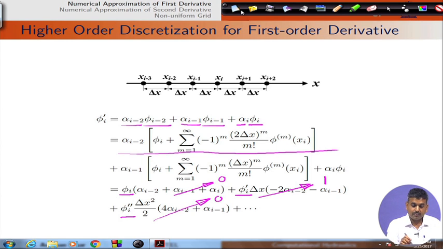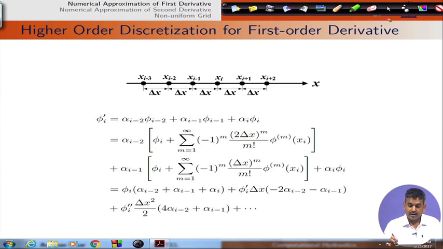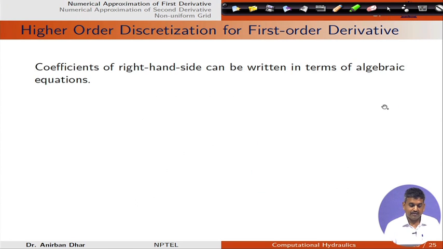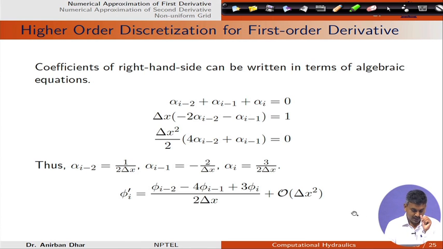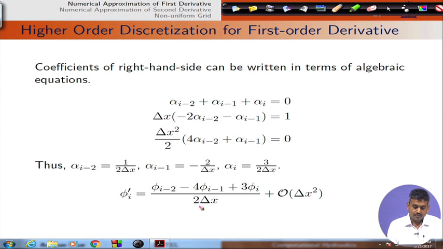With this information we can construct the linear algebraic equations, and if we solve this we can get the values for the coefficients. So, in this case we have the first order derivative with second order discretization.